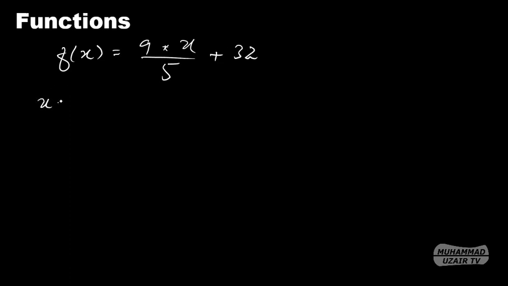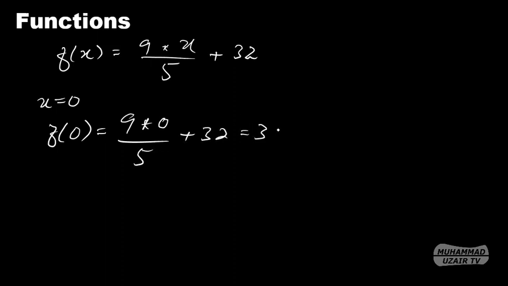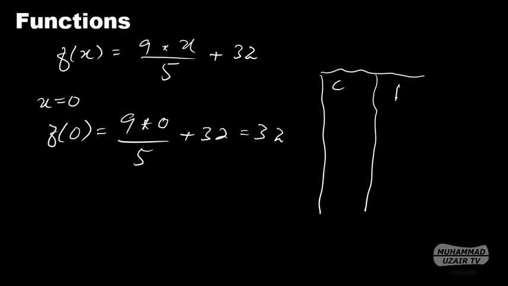Let's put x is equal to 0. We will get f of 0, 9 multiply 0 divided by 5 plus 32. We will get 32. For 0 Celsius, the output Fahrenheit is 32. Let us do some more. Let's have this table, this is Celsius and this is Fahrenheit.